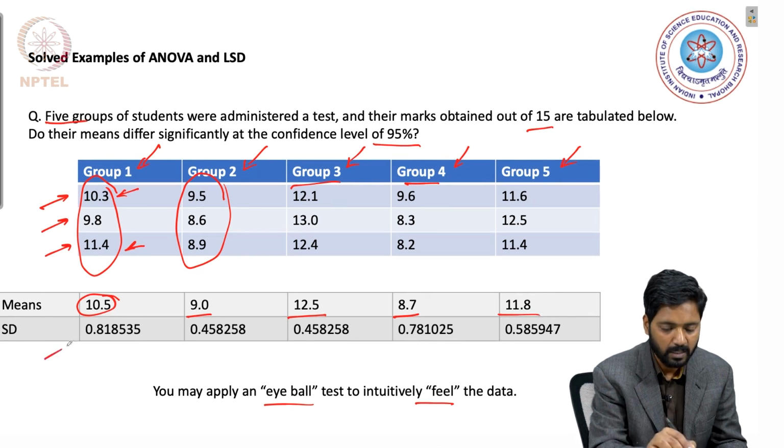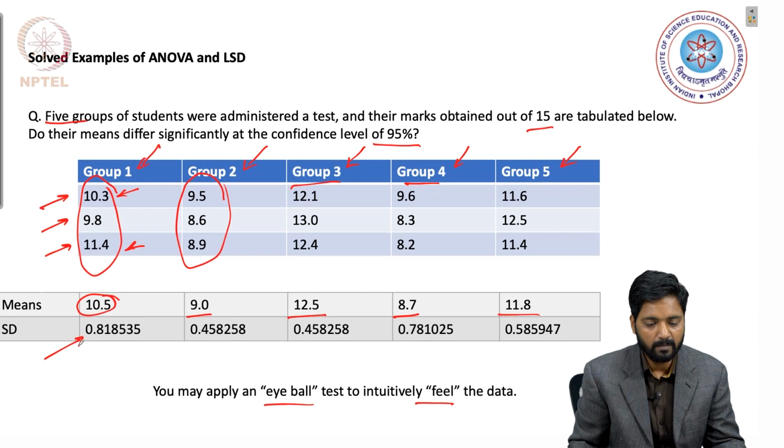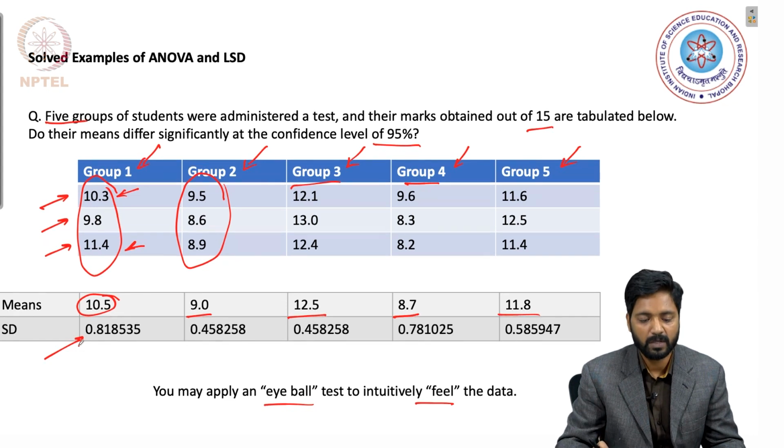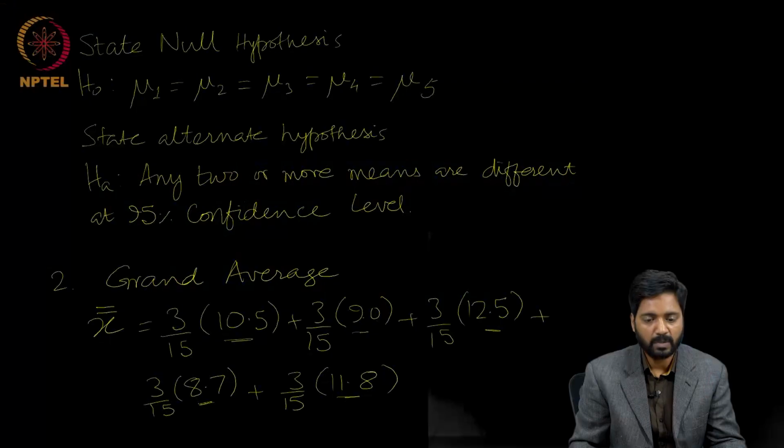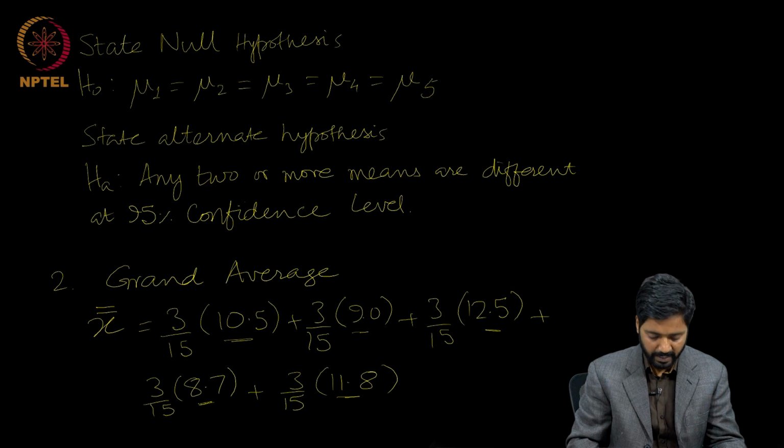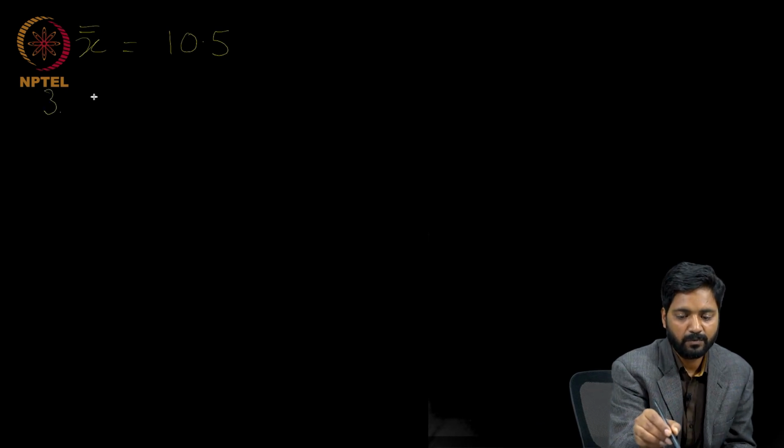And what I have also done is to calculate the standard deviation values for each group, and those are also tabulated here for your convenience. So when we use the group means to calculate the grand average, the grand average value comes out to be 10.5.